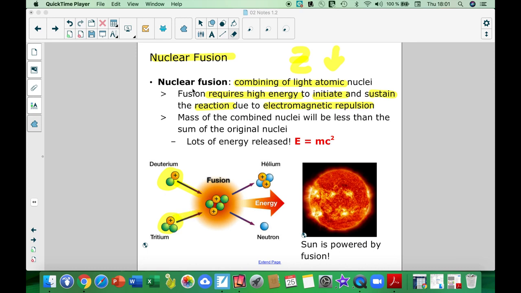Again, the mass of the new nucleus that has been formed is smaller than the sum of the original nuclei that were there. So the mass defect is going to change into energy, and that is the energy that is released in this process.